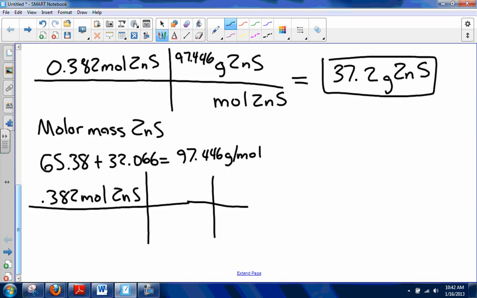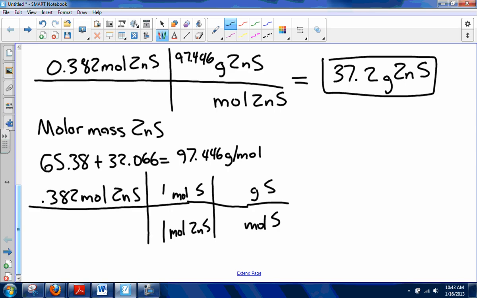So I've got moles of zinc sulfide on top, so I'm going to put moles of zinc sulfide on the bottom. I can use my mole ratio to go from moles of zinc sulfide into moles of sulfur. Now I've got sulfur on top, so I want to go to moles of sulfur on bottom. My ratio says I've got 1 mole of sulfur for every 1 mole of zinc sulfide.